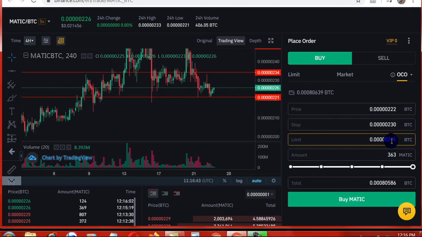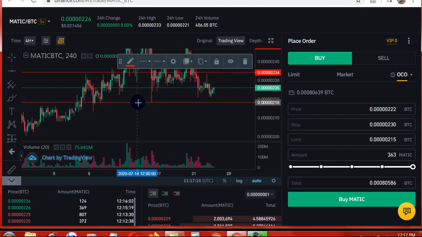Then the limit: you believe that if it falls down to 215, for example, because it didn't get to this 222 before it starts coming down, when it gets to this region of 215 Satoshi, you should also buy, because you believe at that current support region the price will bounce around 215.